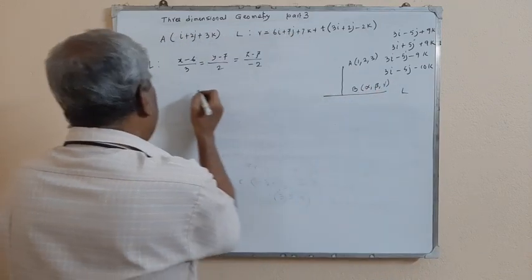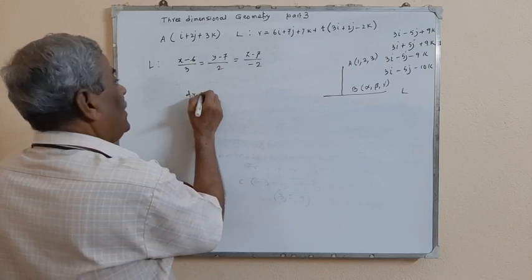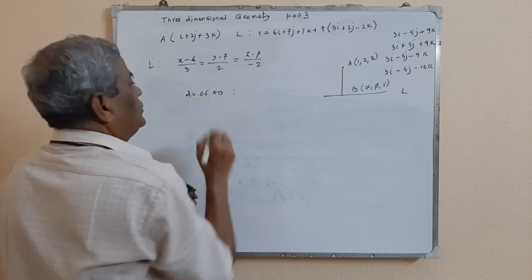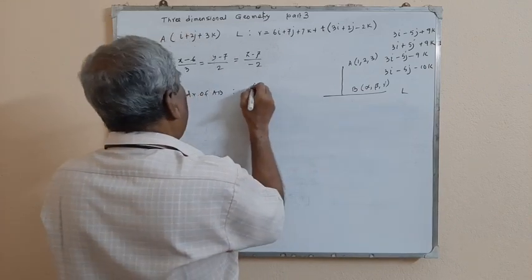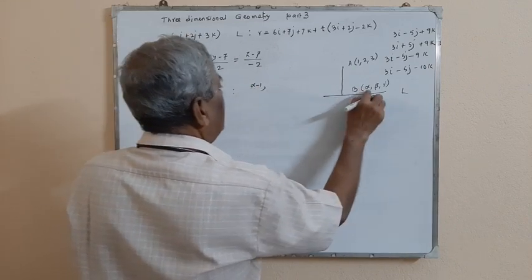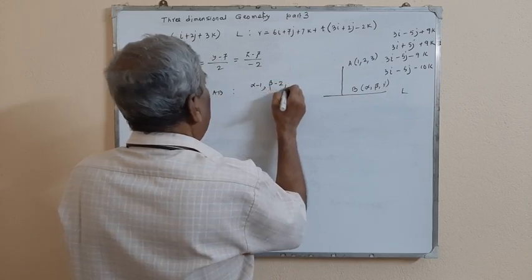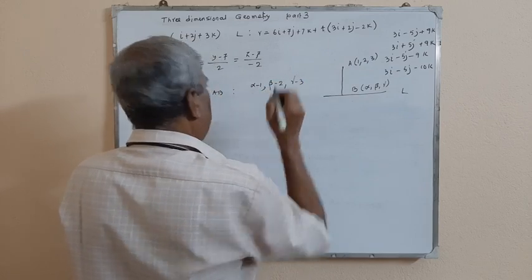So direction ratio of AB is alpha minus 1, beta minus 2, gamma minus 3.